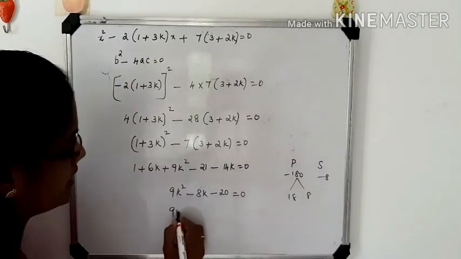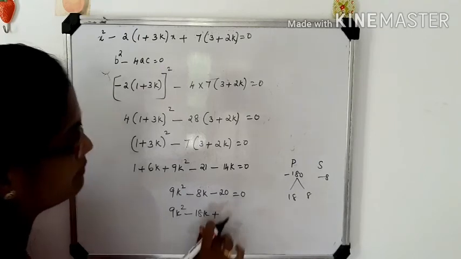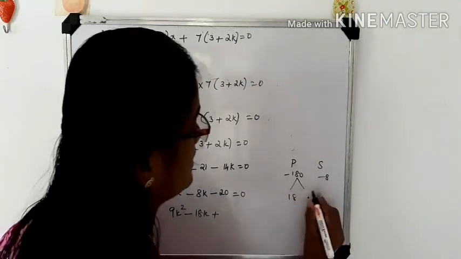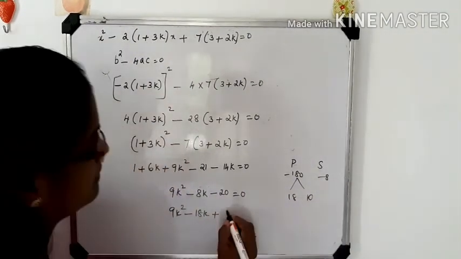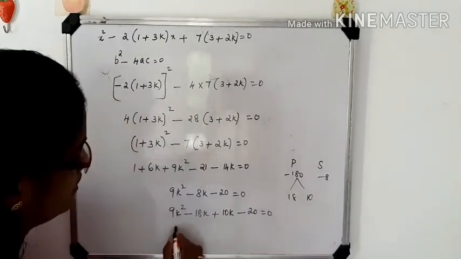So 9k square minus 18k plus 10k minus 20 equals 0. We get 18 and 10, not 8, 18 and 10.